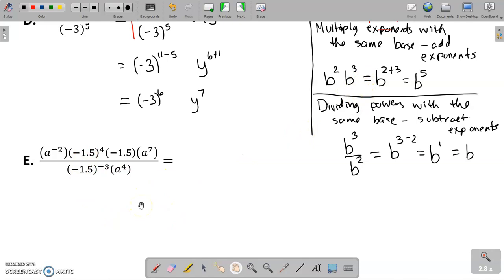So again, lots of mixed up bases, and so we want to combine the like bases, the bases that are the same. So if I look here, I've got an A here, an A here, and an A here. So I'm going to combine those ones together first. So we have A to the power -2, A to the power 7, over A to the power 4.